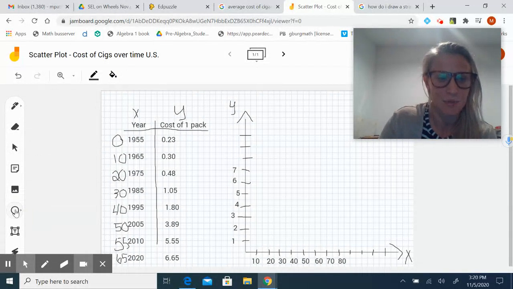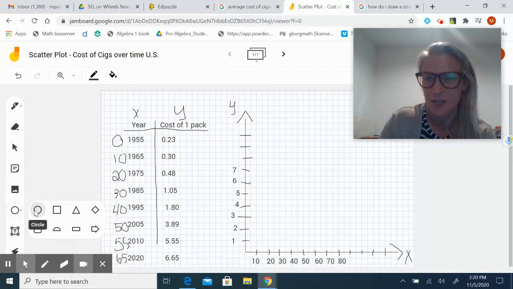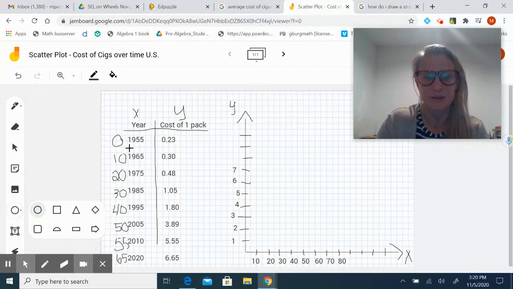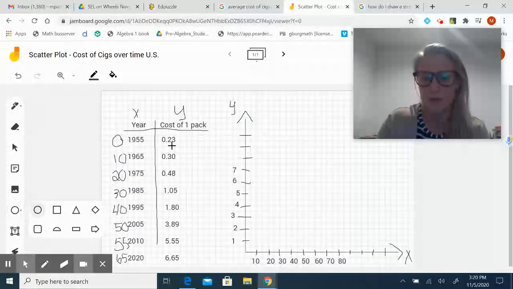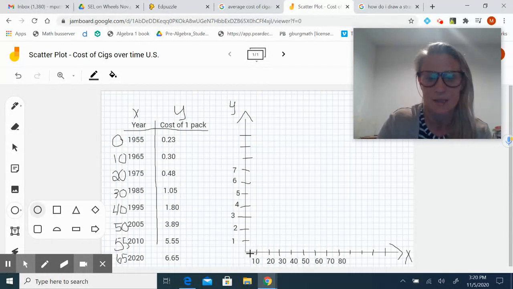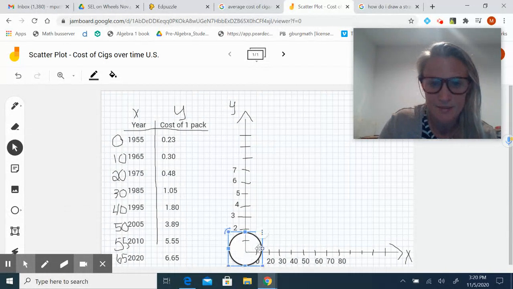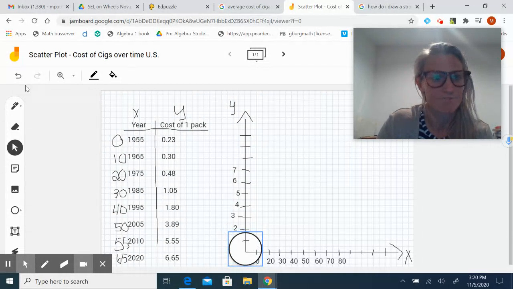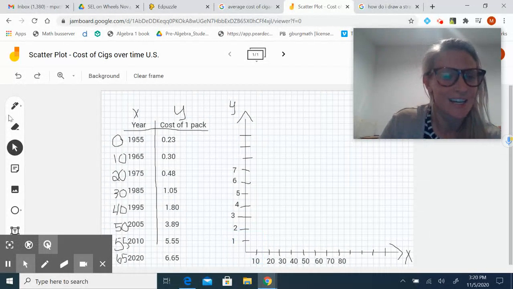Now I'm going to plot these points. Now plotting on here isn't super easy. I'm going to use a circle to mark my point. So I need to plot 0 and then 0.23, 23 cents. So that's going to end up, let's see, ooh, that's a little bit too big. That's hard to put on there.